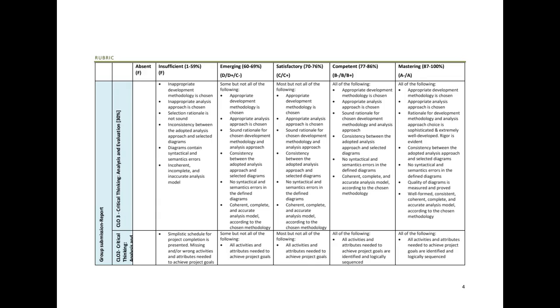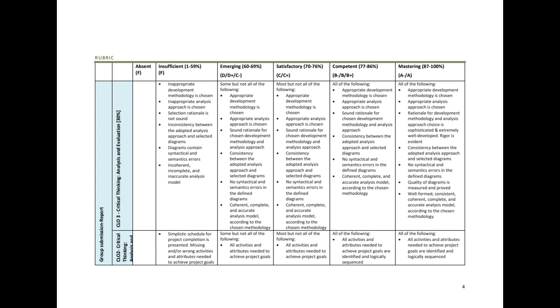Now this is the rubric. This is how we mark you, the same as the first assignment. Absent will get F. Insufficient presentation and report will get 51 to 59, still F. Now let's go to the mastering level.